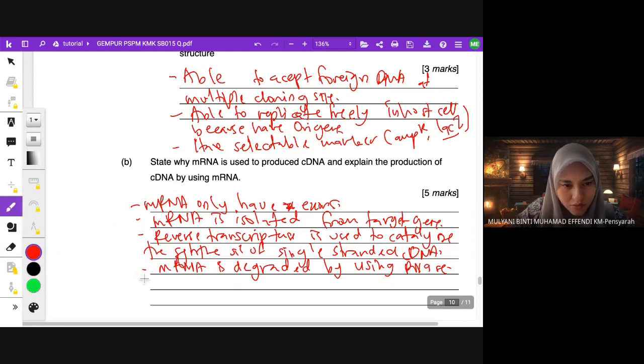RNase. Okay, lepas tu dah degrade kat mRNA, DNA polymerase is used to catalyze, ayat sama, the synthesis of second cDNA strand.